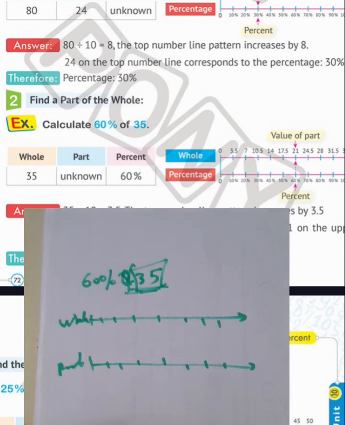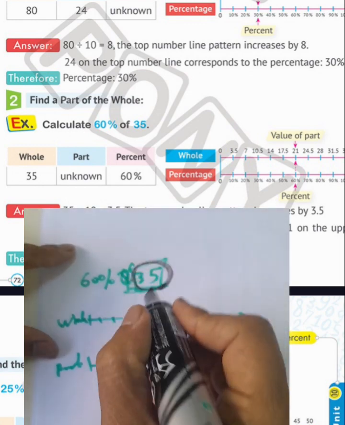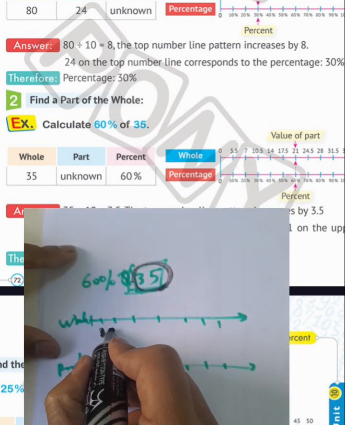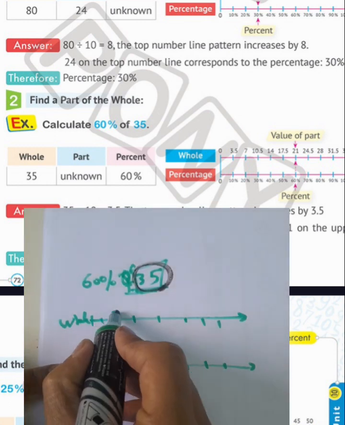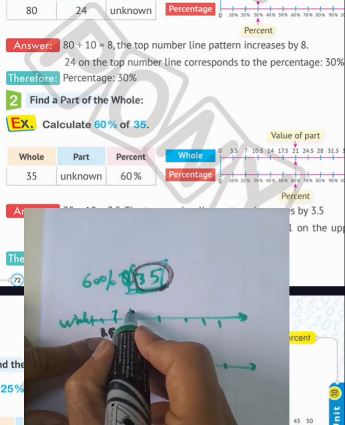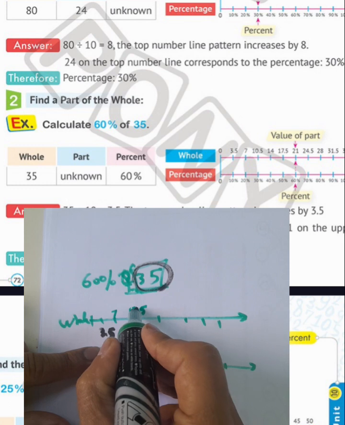Okay, first step, look with me. We know 35 divided by 10 will be 3.5. Then we will have here 3.5, okay? And then you must add 3.5 to itself, it will be 7, plus 3.5, 10.5.